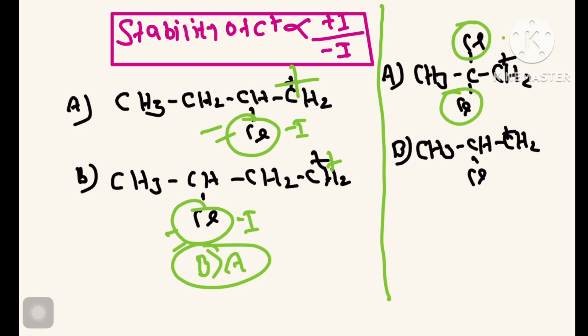So by 2 minus I groups, more withdrawing of electron, so here more positive charge develops. Here only one group, so not like A. So which one is more stable? So you can say B is more stable than A. This is related to stability of carbocation.